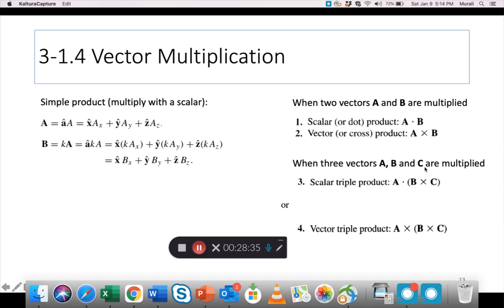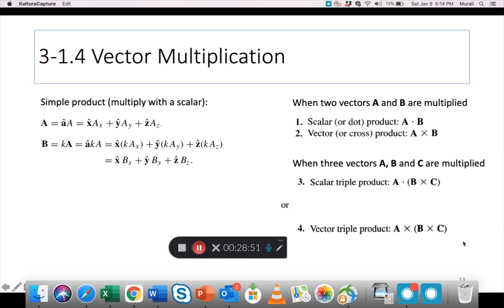When three vectors A, B and C are multiplied, the scalar triple product also exists and is written as A dot B cross C, and a vector triple product is written as A cross B cross C.